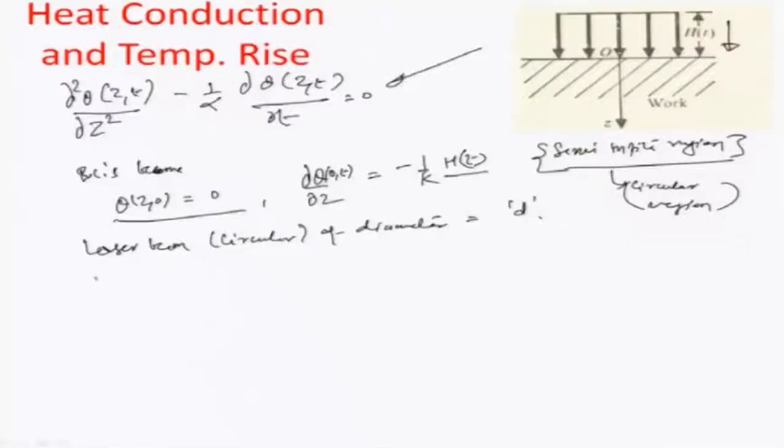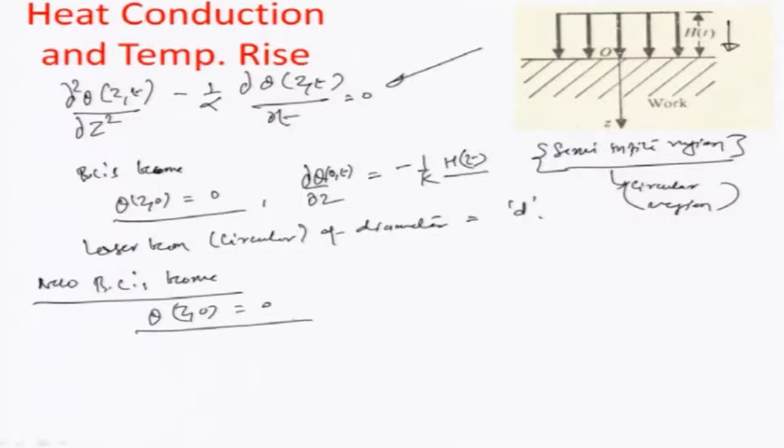So, here the boundary conditions have to be slightly tweaked because of that, and the new boundary conditions become theta z at a point of time t equal to 0 is 0, because the laser beam is supposed to just start irradiating the surface at time t equal to 0. Therefore, the temperature is still the room temperature, the baseline temperature.